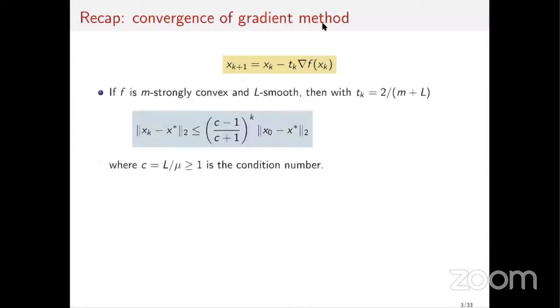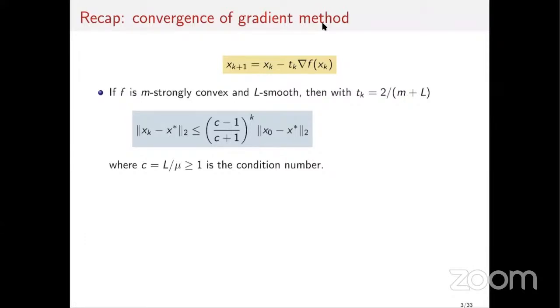So what did we prove yesterday? We proved two results on the convergence of this gradient method. One assuming that the function is strongly convex, and the other assuming the function is simply L smooth, without any strong convexity assumption.